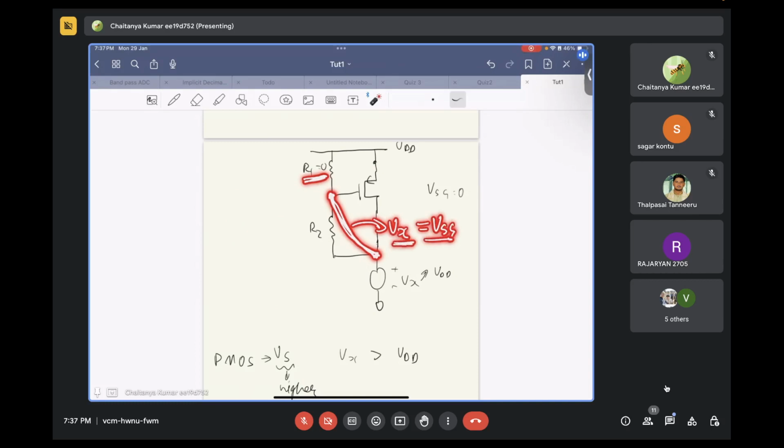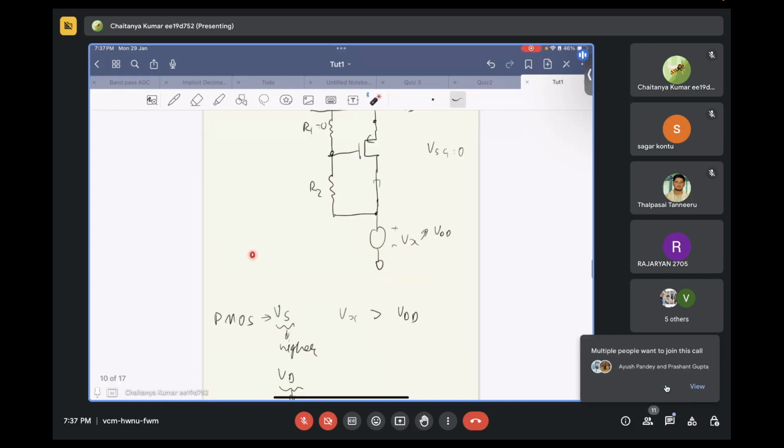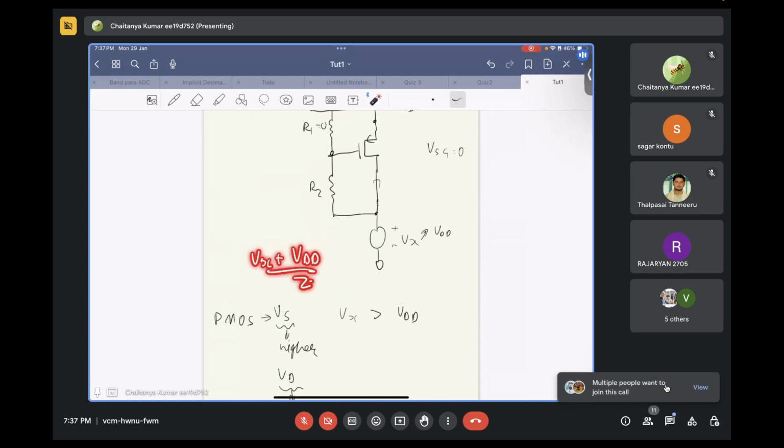Now the moment it goes above VDD, your source gate voltage will be Vx minus your gate voltage, when Vx is greater than VDD.